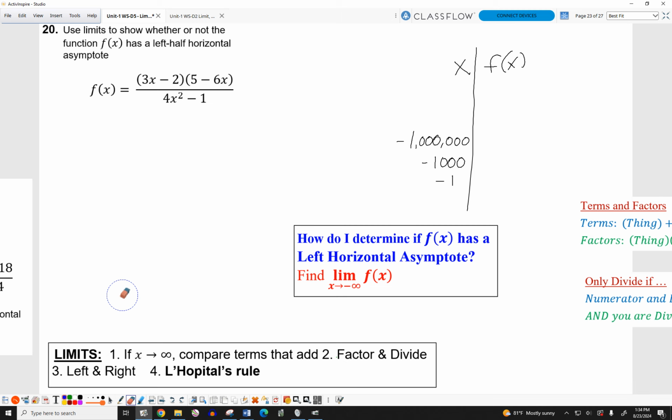A common misperception is that the graph doesn't cross the asymptote. That doesn't have to be true. I've seen a question before where they literally put a dot right there and do something like that. So the graph is a part of that dashed line, but on one side of it, the limit is going infinite, so they still call it a vertical asymptote. Are you comfortable with that? Okay.